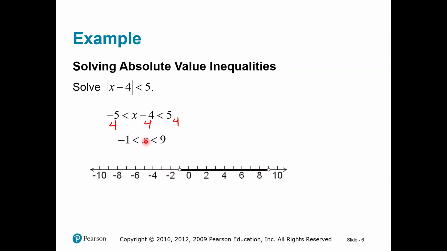And since x is in between negative 1 and 9, the solution is just shaded between negative 1 and 9. And so our interval notation is from negative 1 to 9. Parentheses because of the open circle.